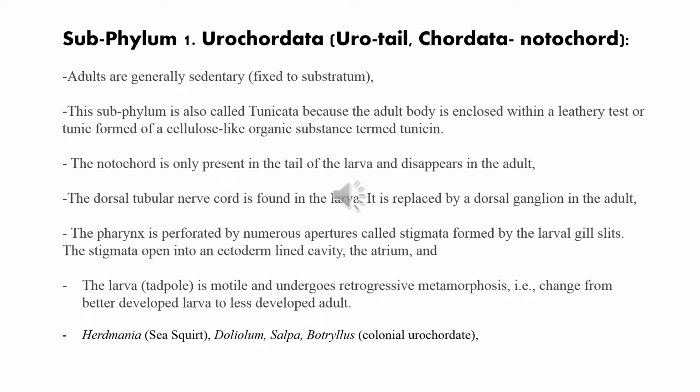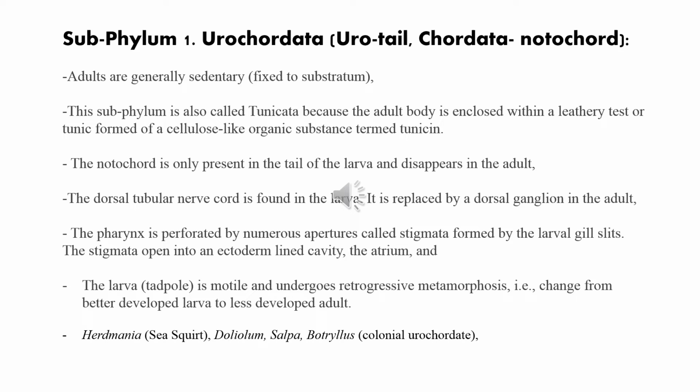First, coming to subphylum Urochordata, as the name indicates, Uro means tail and chordata means notochord. So in this case, all the individuals have notochord, which is present only in the tail region. Another main characteristic feature of Urochordata is that adults in this case are sedentary.